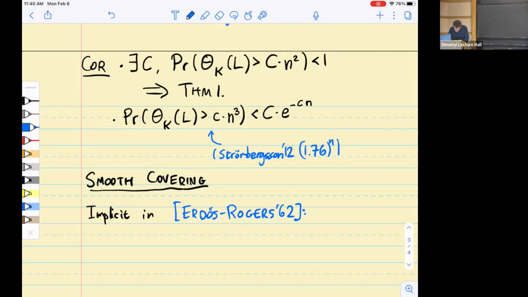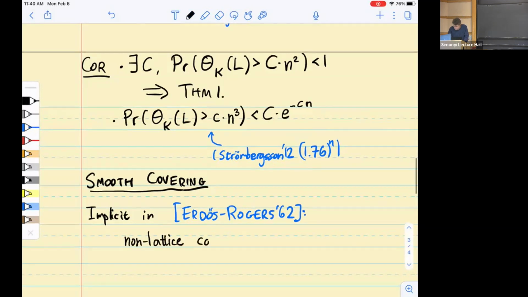What they really did, if you want to know the result, is the non-lattice case. Either they could not or did not care about the lattice case. I assume they cared, but they could prove the non-lattice case, which is of course much better understood. They showed that for the non-lattice case, for any convex body, you can get a density of some constant times n log n, what I would call smooth covering density.